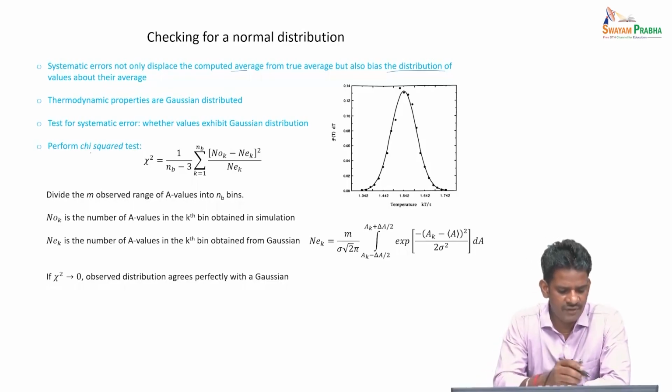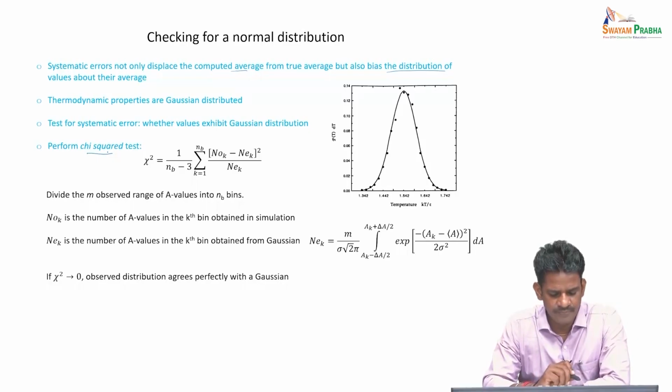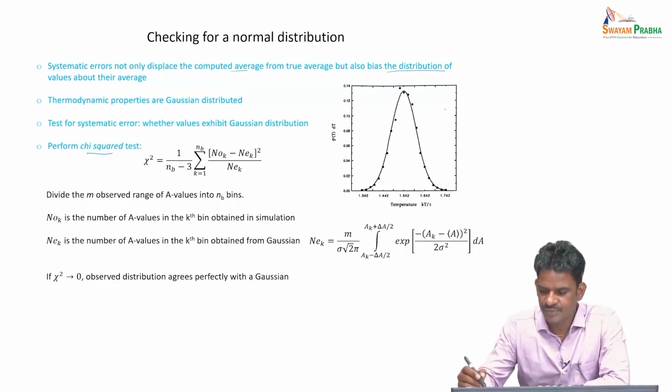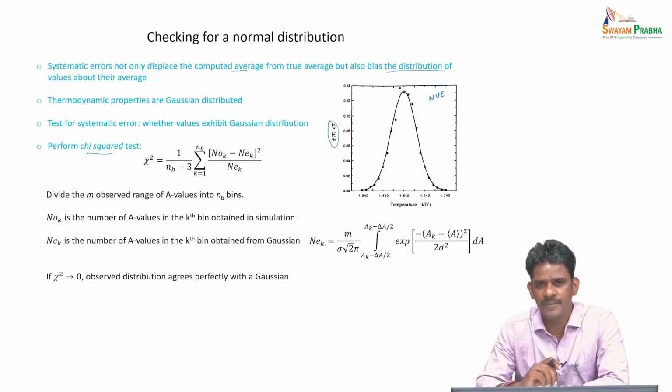To do that, we do what is called the chi-square test. This is actually shown in this particular graph. Here the distribution of temperature is given, let's say, in NVE simulations. In this NVE simulation, temperature is a fluctuating quantity, and if you look at how this temperature is distributed, you will see it's Gaussian distributed.